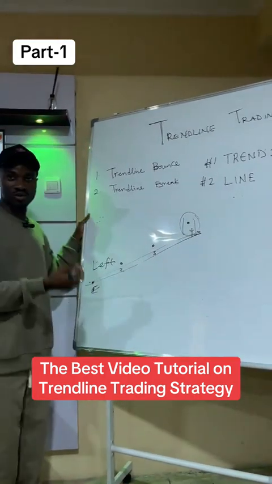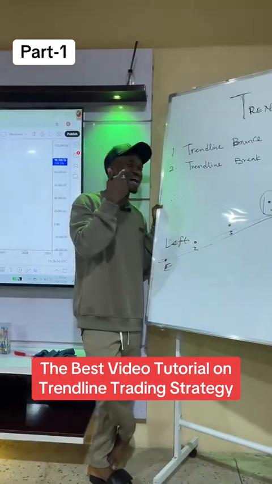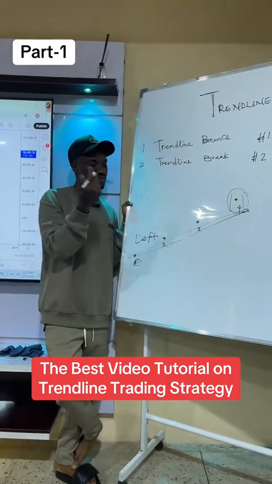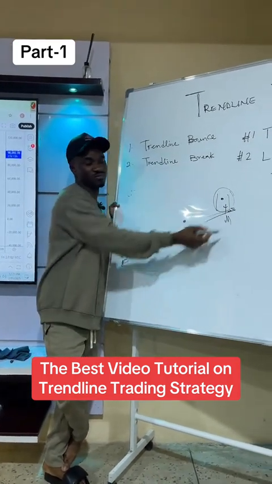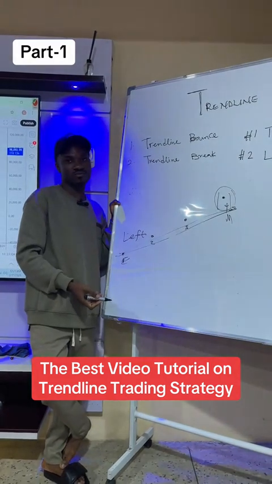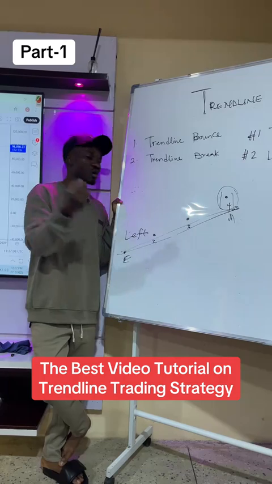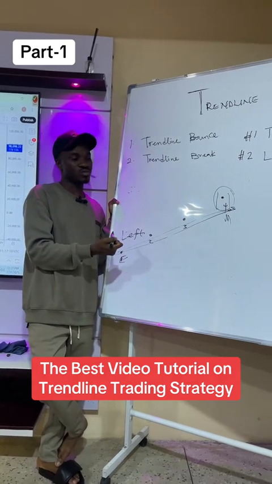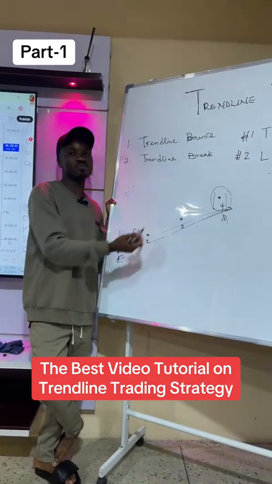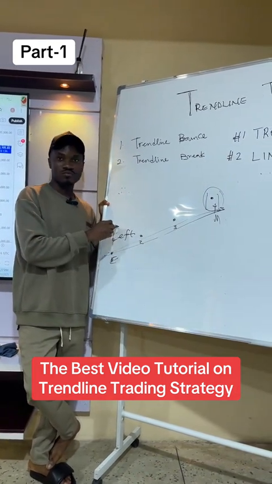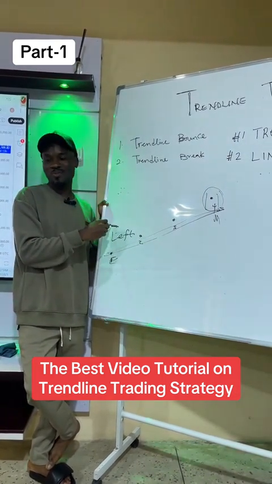I'm not saying it's wrong, but based on advanced views, advanced experiences, I'll do mine from the front. But your key level concept is slightly different from trend line. Your key level should be from the left. So don't mix it up.